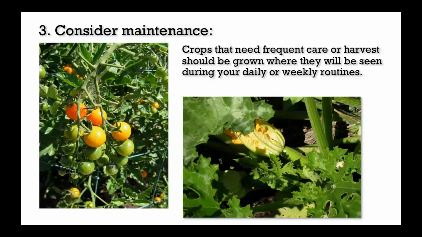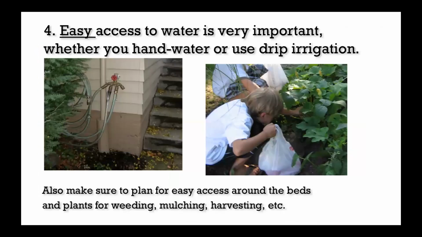You do want to consider maintenance on where you plant things or where you situate a new bed so that you don't forget about it, because they do take more maintenance than a typical ornamental garden. And you want to make sure there's good access to water.